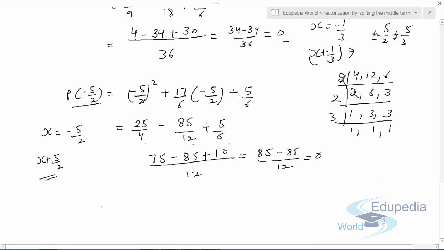This means the polynomial 6x square plus 17x plus 5 can be written as x plus 1 by 3 into x plus 5 by 2. So this is how you apply the factor theorem to factorize a polynomial.